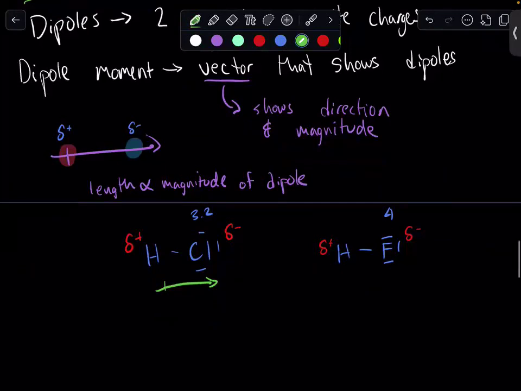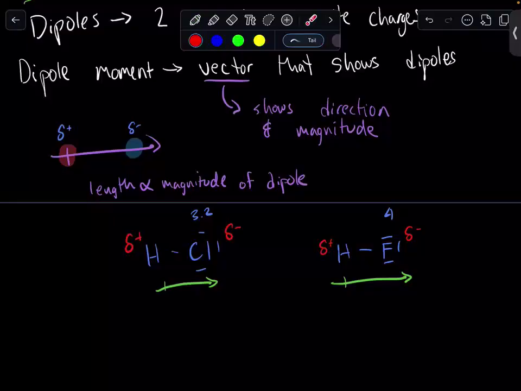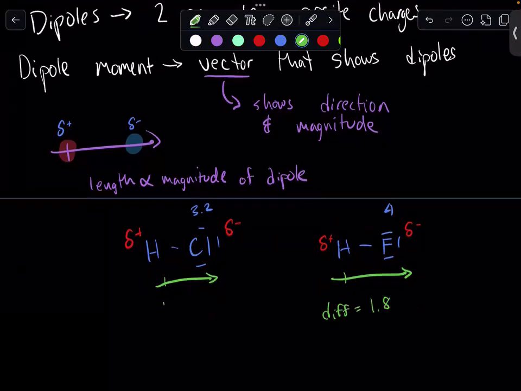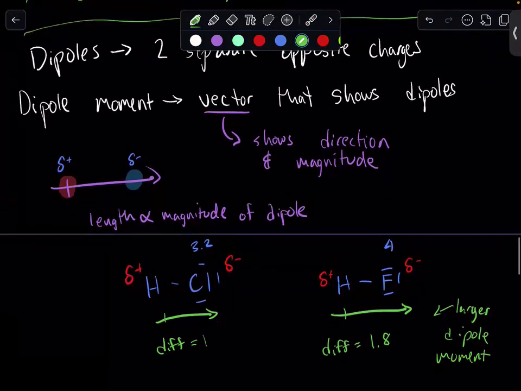We would expect our dipole to be larger than in our previous one because there is a greater difference in electronegativity. This has a difference of 1.8, while this has a difference of 1. Therefore, we have a larger dipole moment.